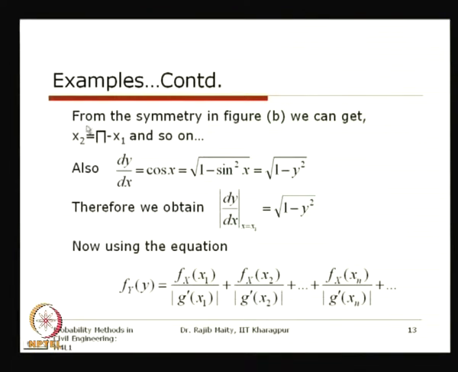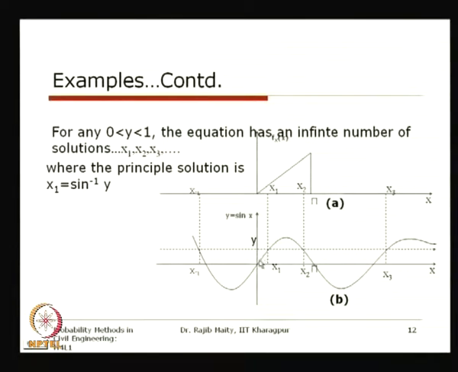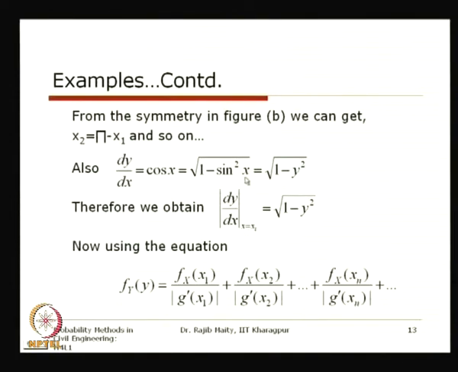Now, from the symmetry in this figure B, we are considering only this part from 0 to pi. Now this is symmetric, so we can get that x2 is equal to pi minus x1, and so on.